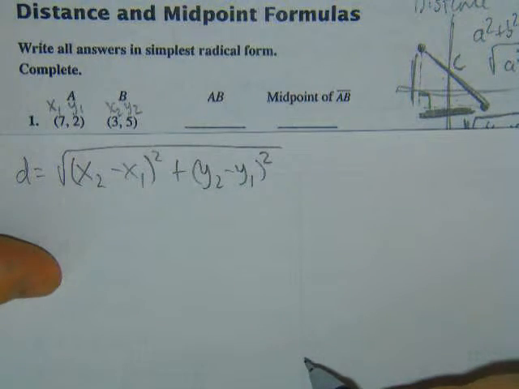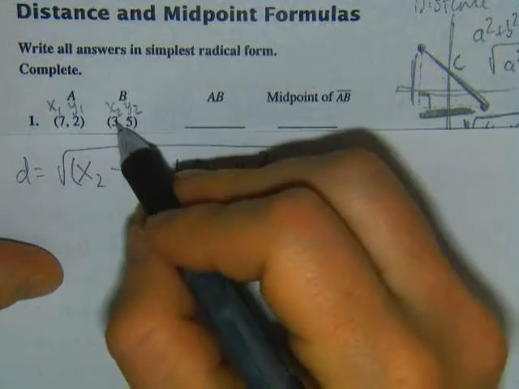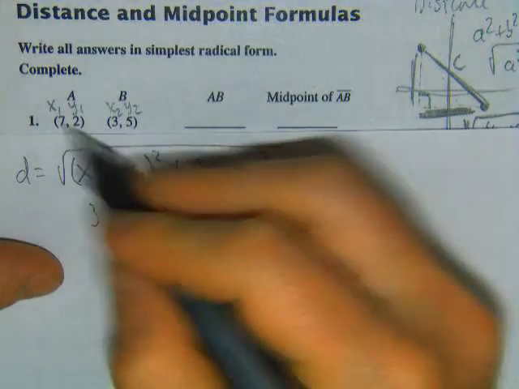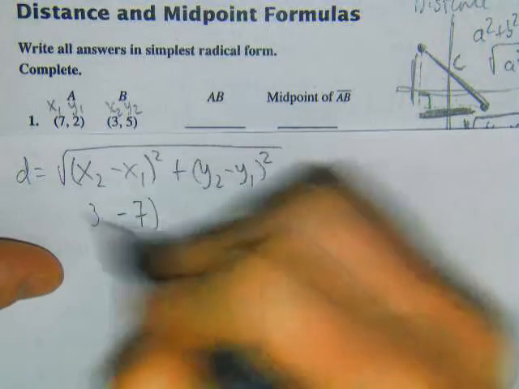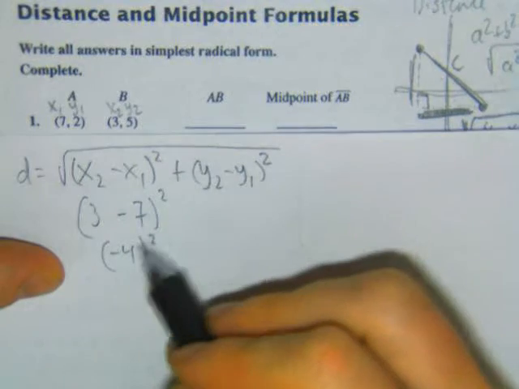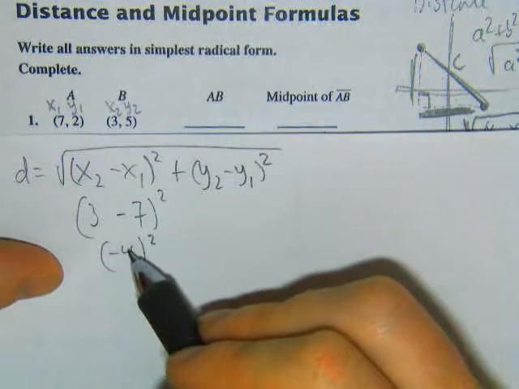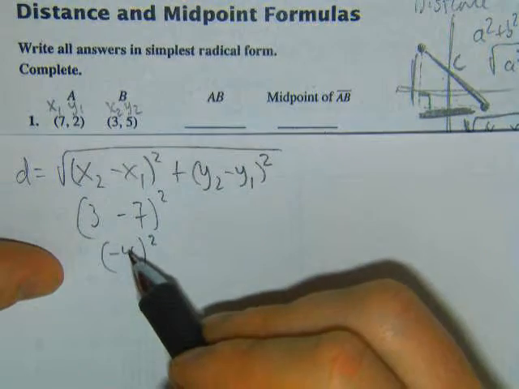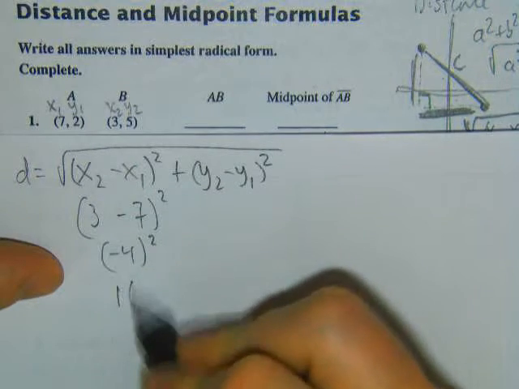Plug and chug. x2 is 3. x1 is 7. It's going to be negative 4 squared. And it's going to be a positive number because distance has to be positive by definition. So I'm going to get 16 there.